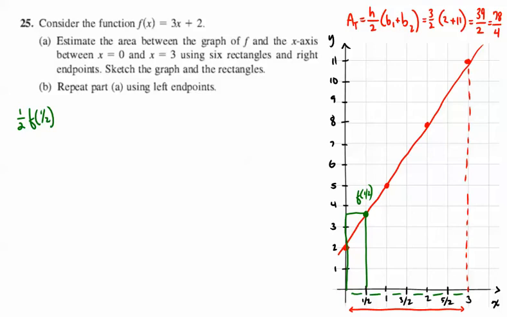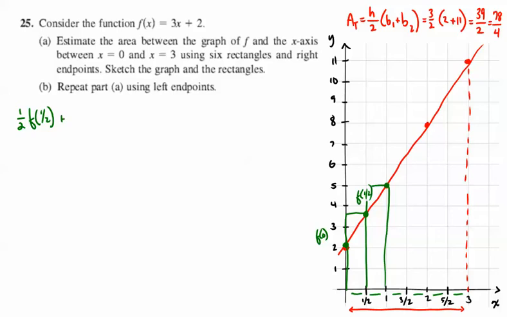If we went to the curve over here, that would be f of 0, but we're using the right endpoint for the height of the first rectangle. The second rectangle would start at the right endpoint, which is 1, and then go over and make that rectangle.